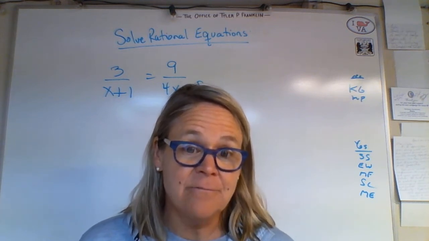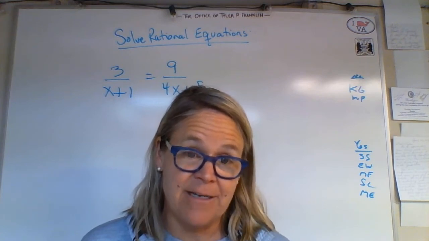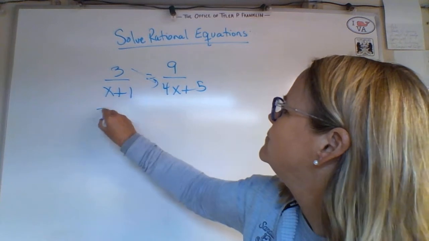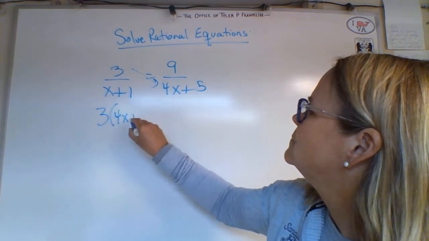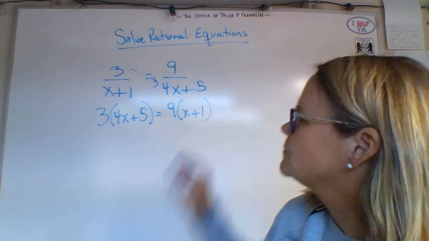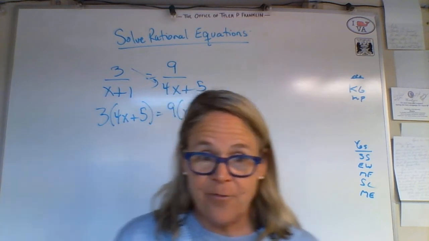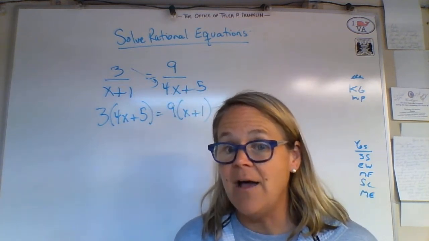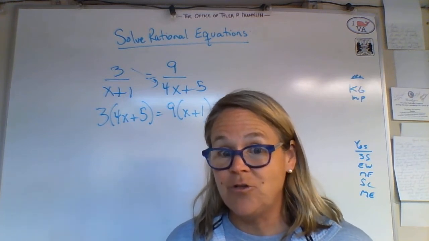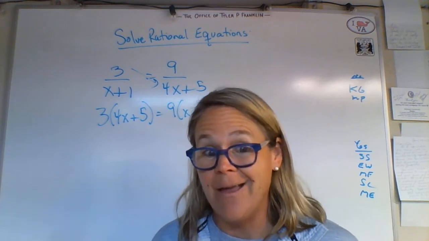One diagonal multiplied has to equal the other diagonal multiplied, and it doesn't matter which one you do first. So your equation would be, if I do it slowly, 3 times 4x plus 5 equals 9 times x plus 1. So then I would distribute, go through, and solve, which I'll do when I turn my head.